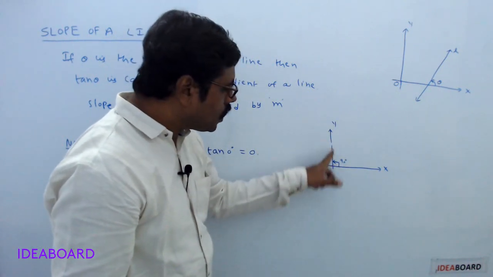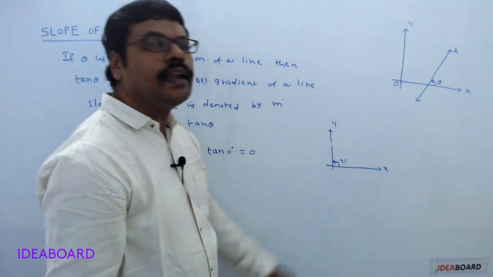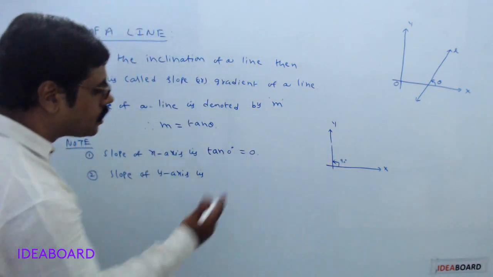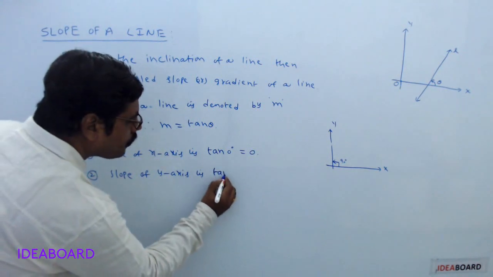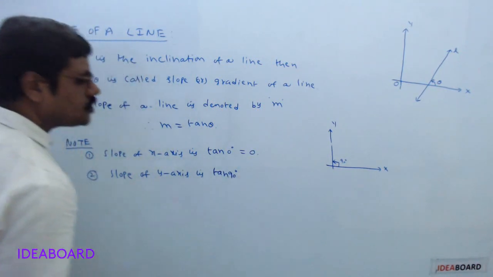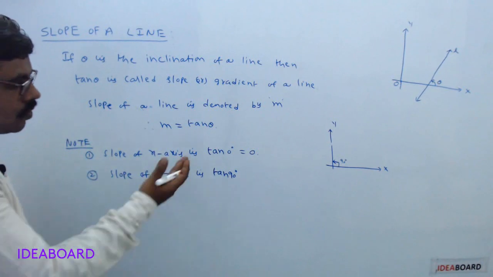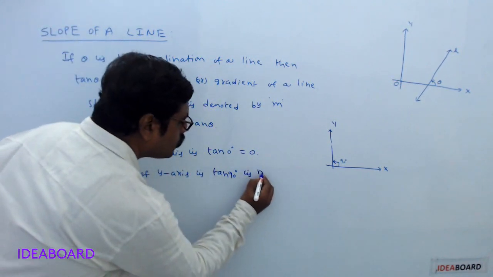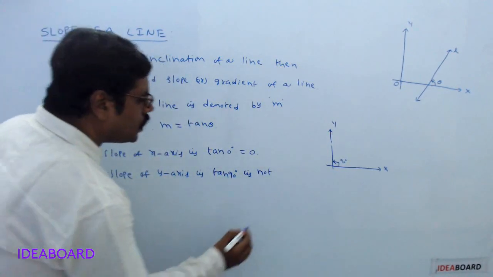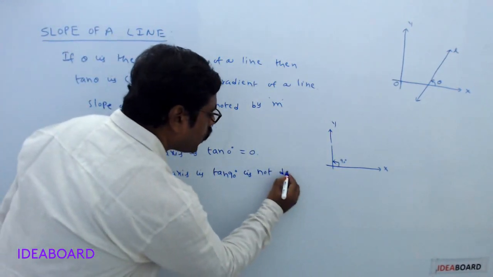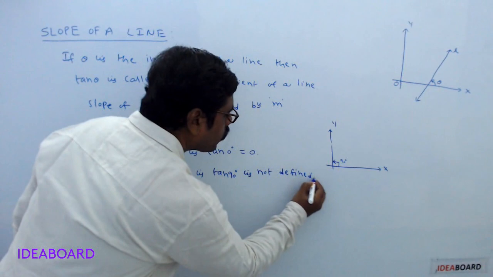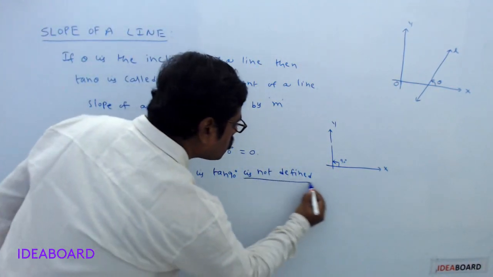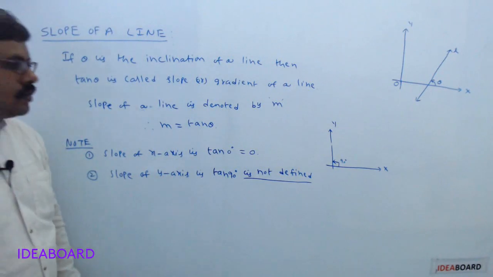So, inclination of this y-axis is 90 degrees. So, slope of y-axis is tan 90 degrees. What is the value of tan 90? It is not defined. It means slope of y-axis is not defined.